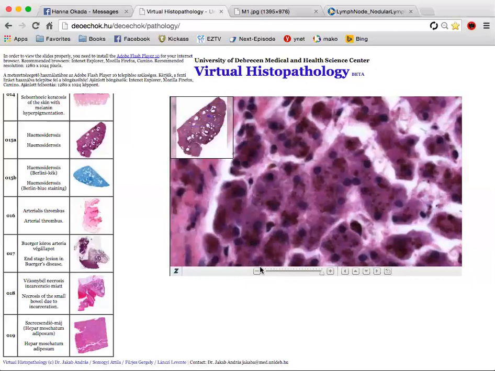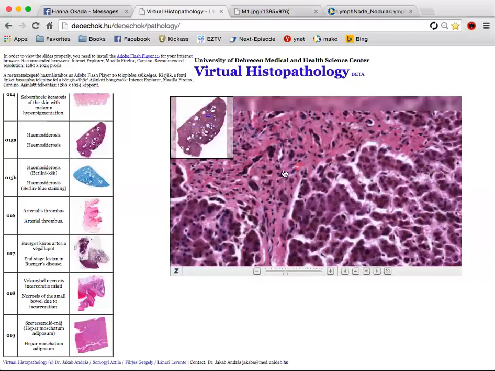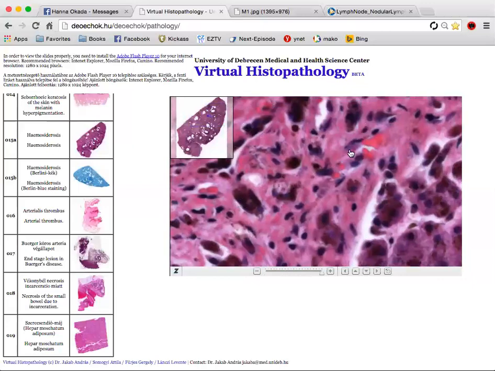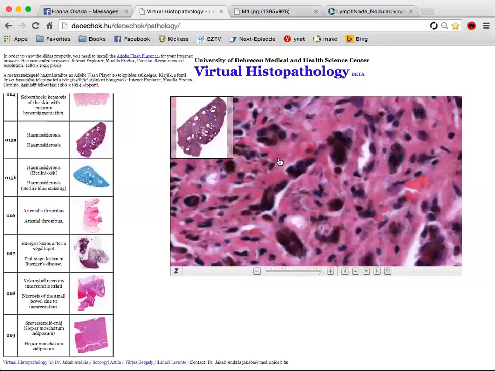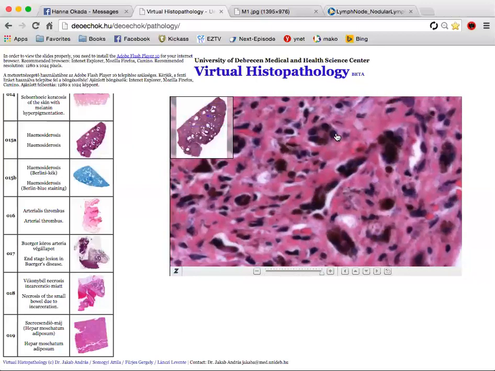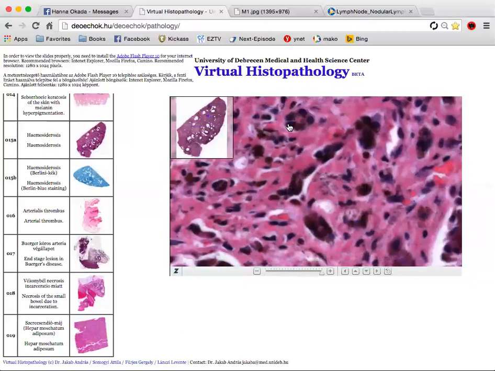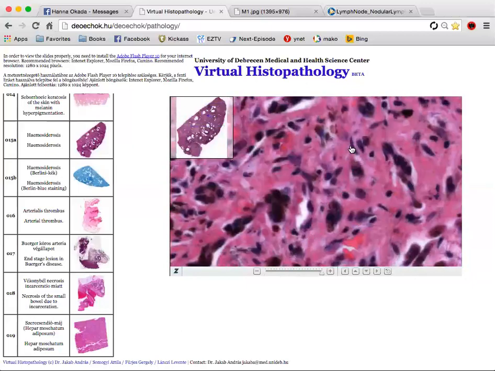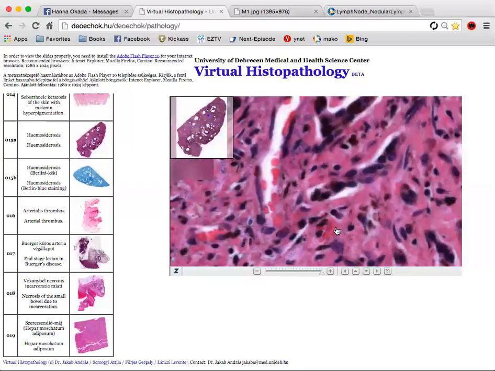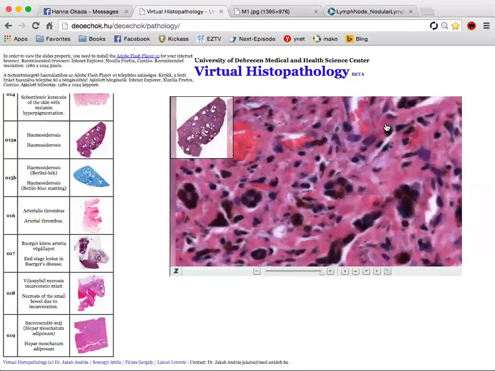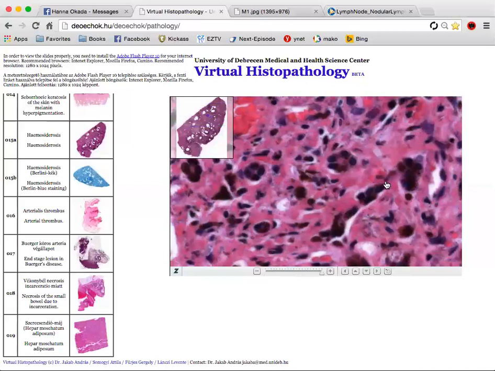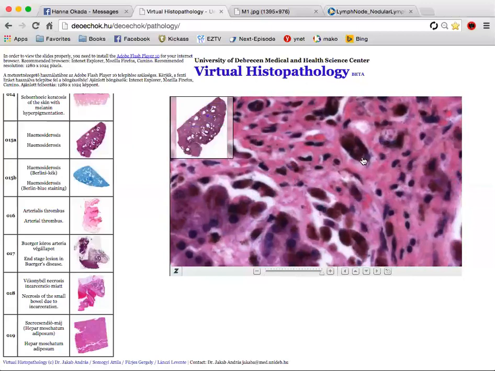And I'm going to go to this, and this is all fibrous connective tissue. There may be some cells that remain here, and you might also be able to see these macrophages that also have hemosiderin in them.